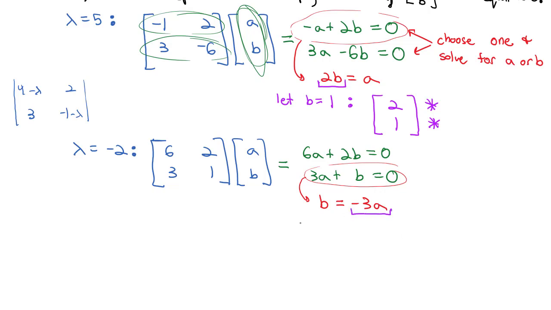So now I'm going to pick a value for A. Let's let A equal 1. That's just a convenient number. If A is equal to 1, we end up with A is 1 and B is negative 3 times 1, which is negative 3. And we've got our eigenvector of (1, negative 3).